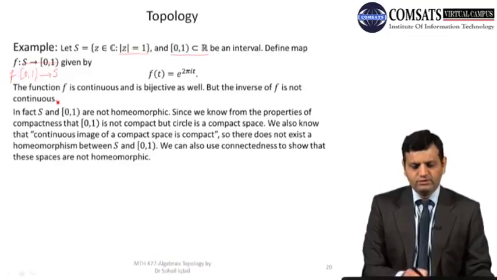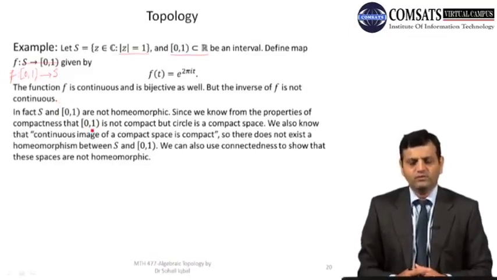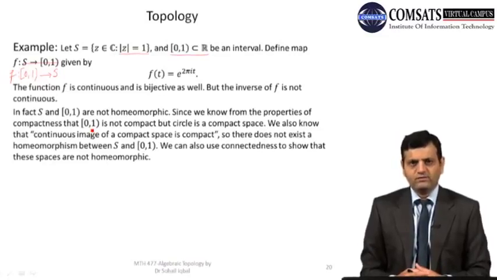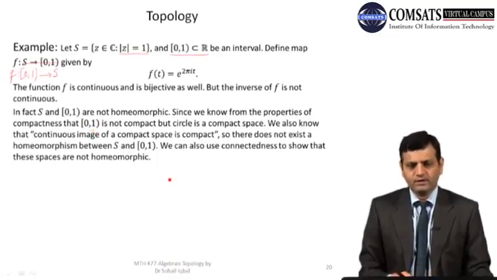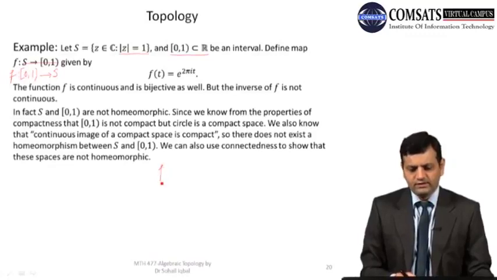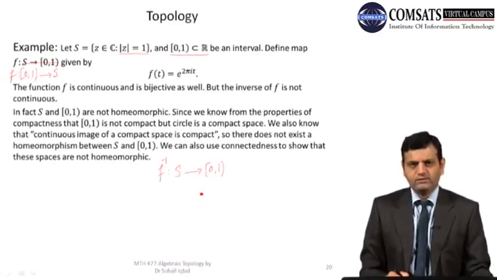So we have two ways from here. One way is to try to find the inverse of f and see why it is not a continuous function, or we can just use the invariance of compactness and connectedness. So the inverse of f is a function from this set S to 0, 1. Now from the Heine-Borel theorem, we know that a subset of R is compact if and only if it is closed and bounded.